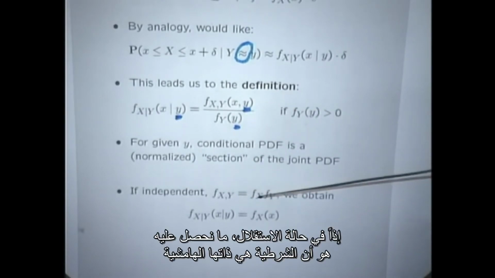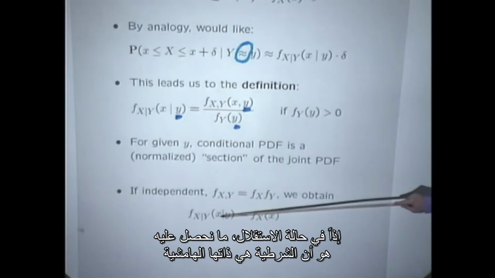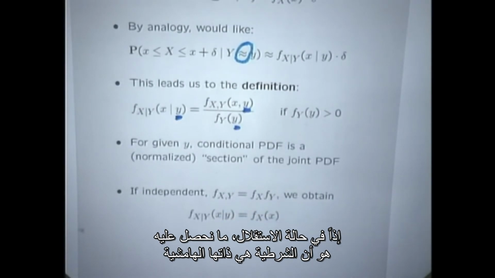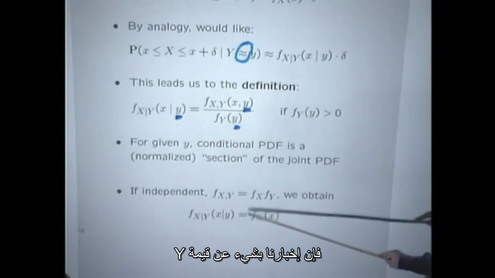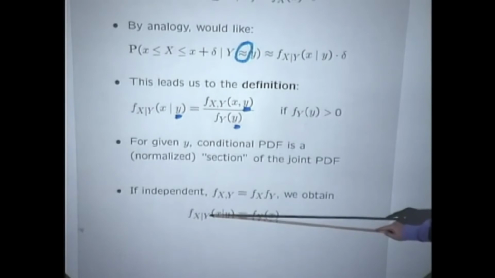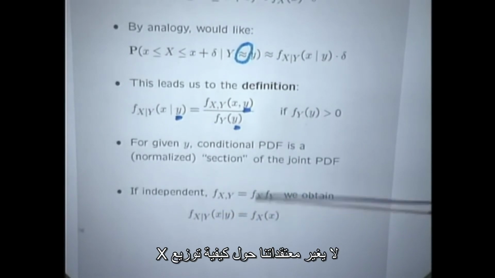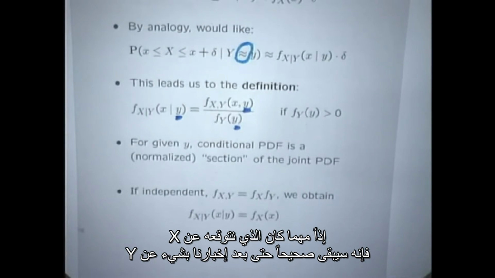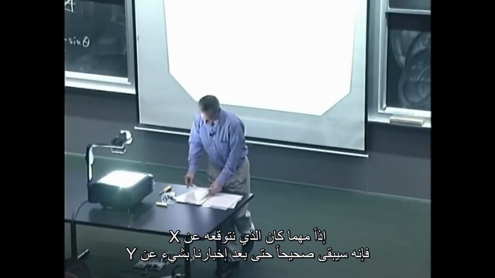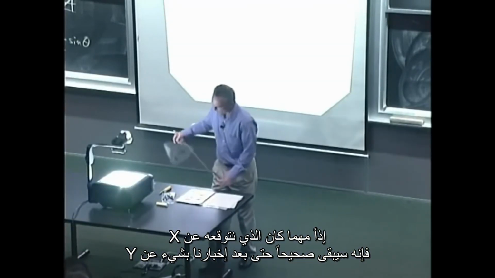So in the case of independence, what we get is that the conditional is the same as the marginal. And that solidifies our intuition that in the case of independence, being told something about the value of y does not change our beliefs about how x is distributed. So whatever we expected about x is going to remain true even after we are told something about y.